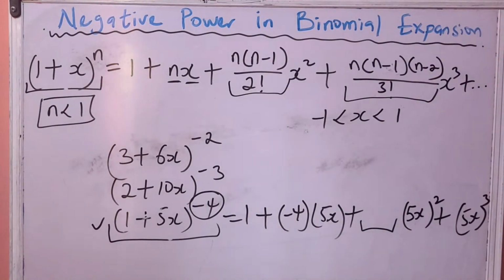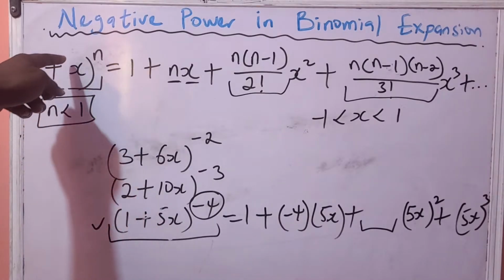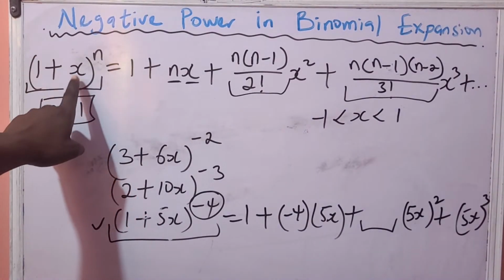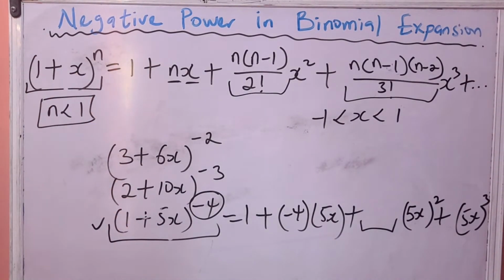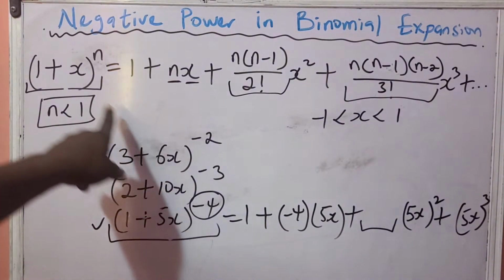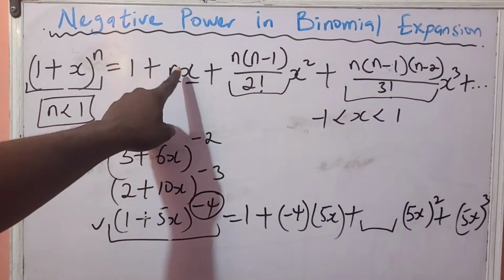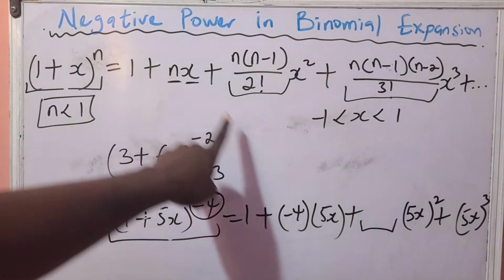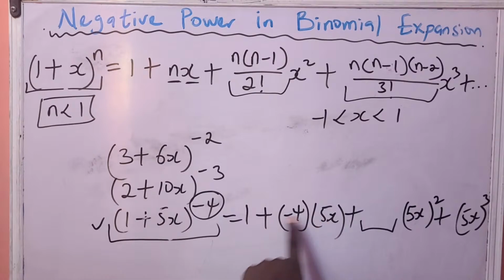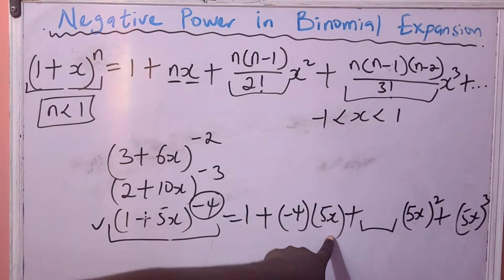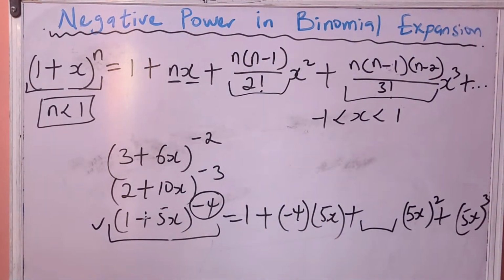The message I passed across now is how to deal with this second value in the bracket. Do you really understand how to deal with it right now? So we have 5x here. Instead of writing n times x, I have to write n times 5x, because here was 5x, not just x. All right?